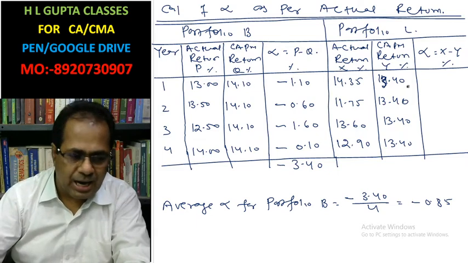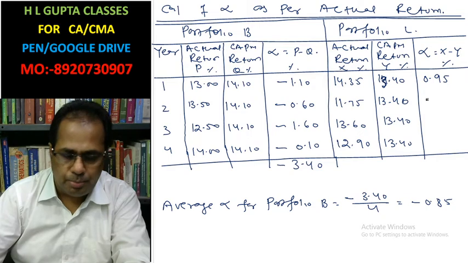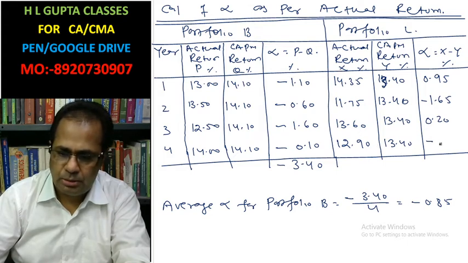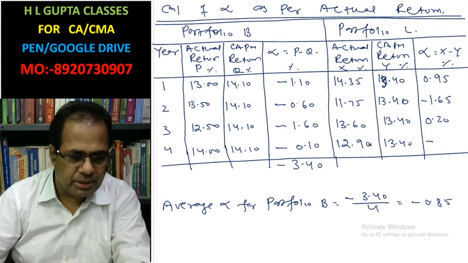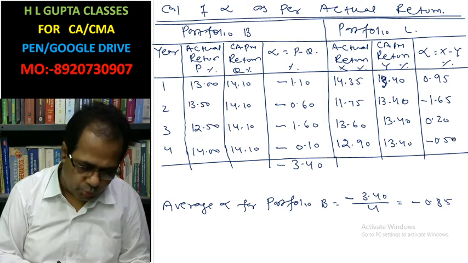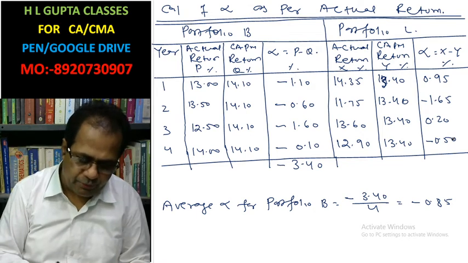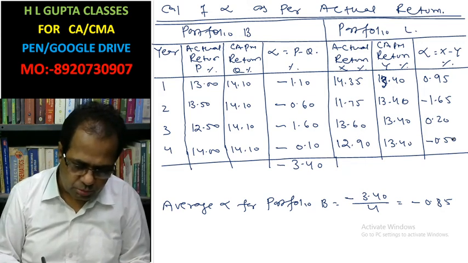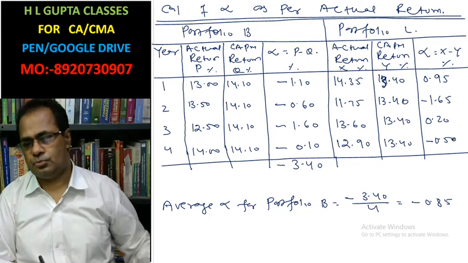Now X minus Y, this is the alpha: 14.35 minus 13.40 is 0.95, then minus 1.65, minus 0.20, and minus 0.50.